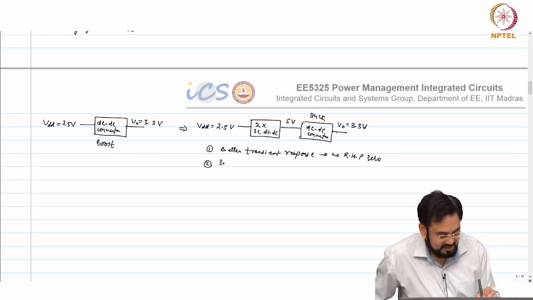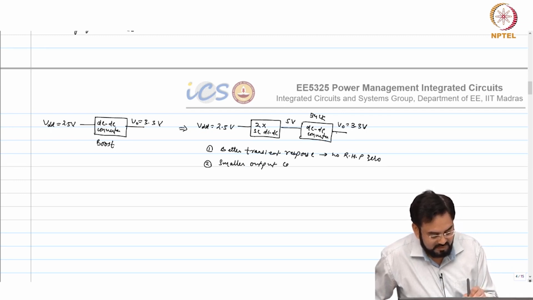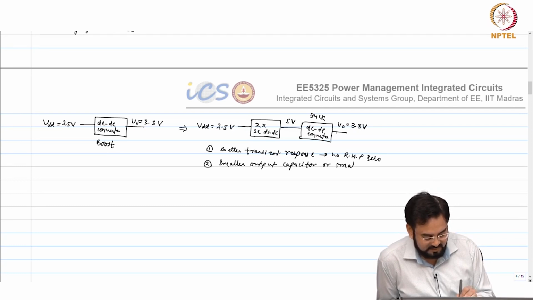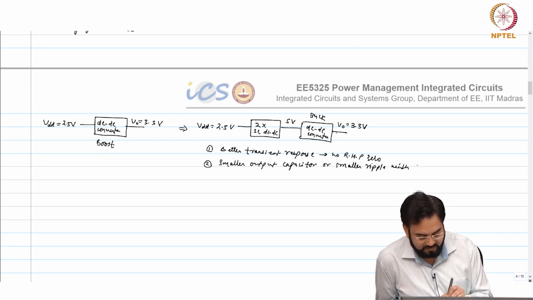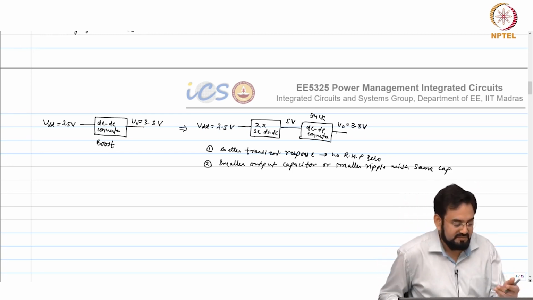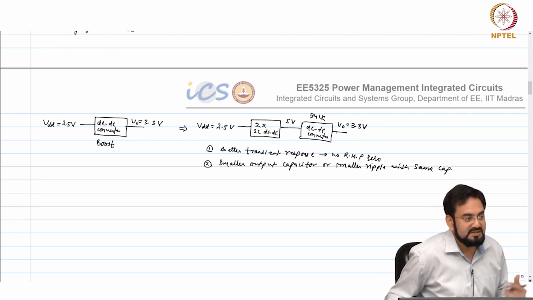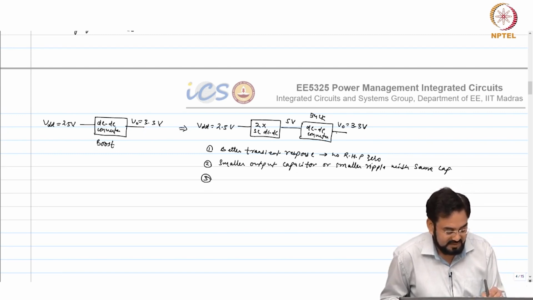Second advantage is smaller output capacitor or smaller ripple with same cap. Okay. So, let us say you are putting 50 microfarad in boost. So, in the other case, if you put 50 microfarad, you will see ripple smaller compared to the other case.